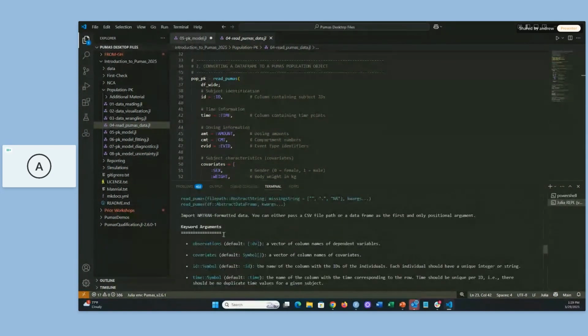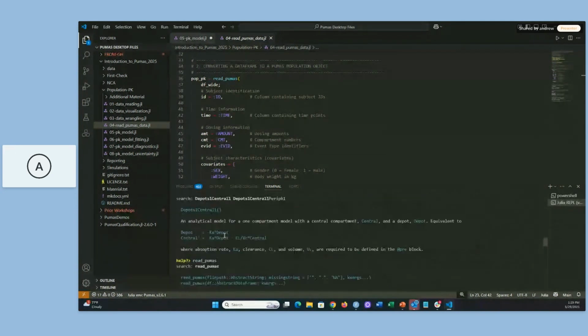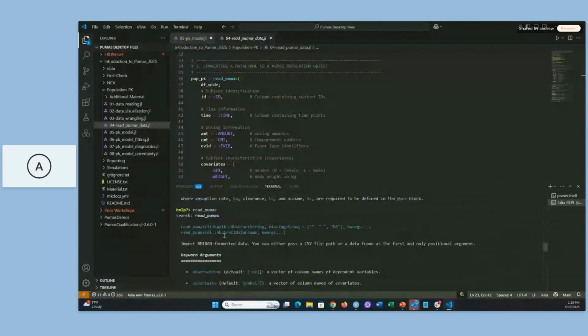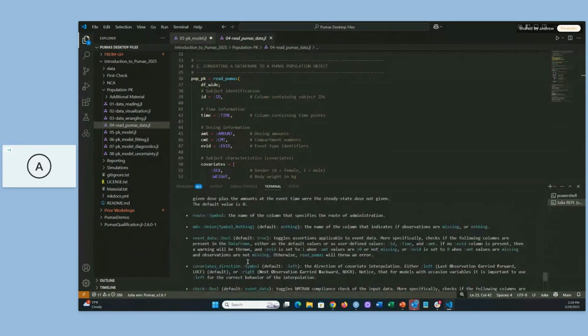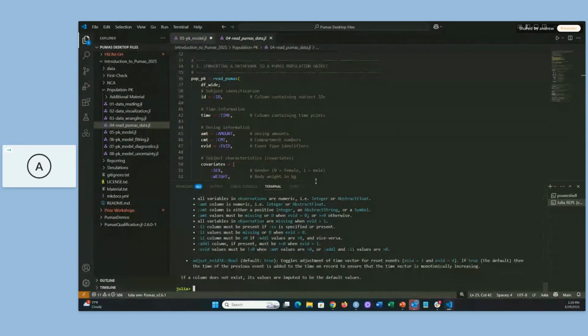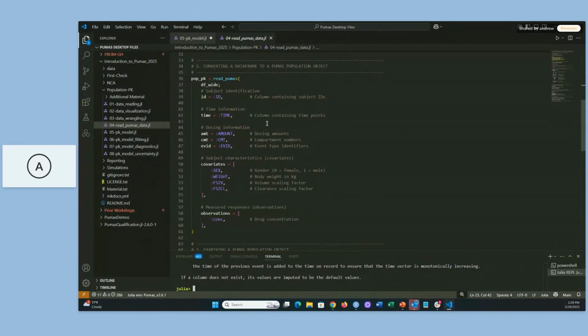So if you forget what some of these arguments are and what they should be, we provide you a little bit of guidance here of what the options are. But there are going to be a set number of critical and mandatory items.